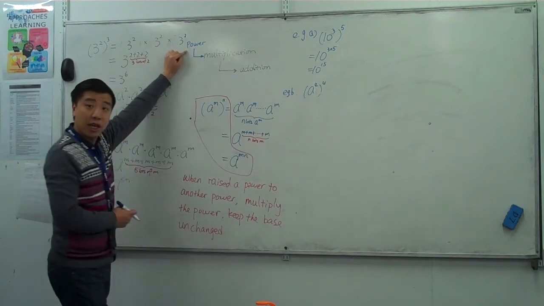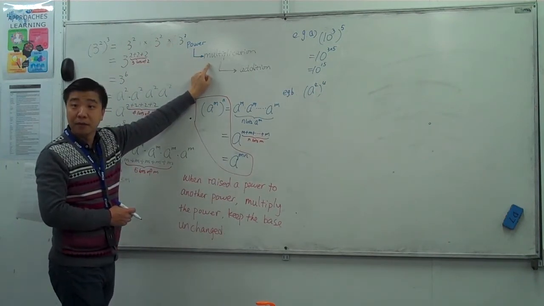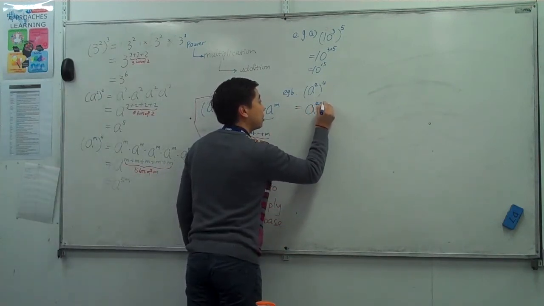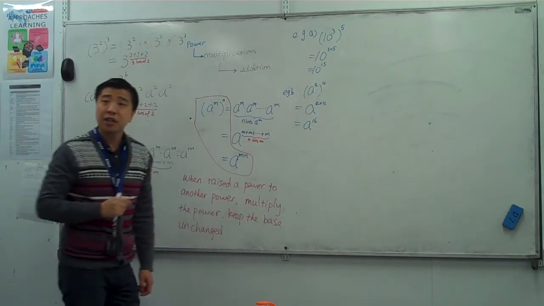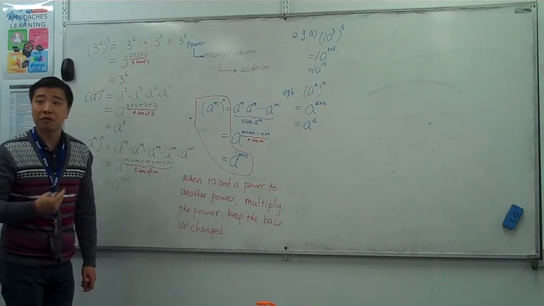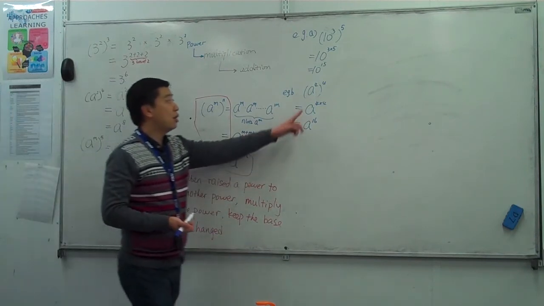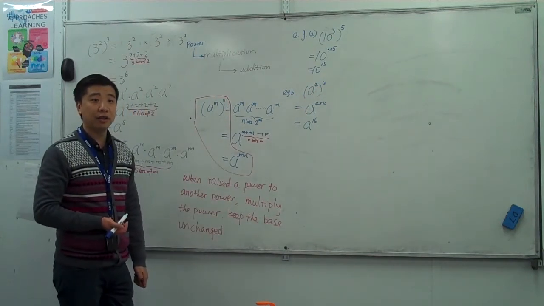So what do you do for the power? You multiply them. Good. So this is a to the power of 4 times 4 equals a to the power of 16. Firstly, you have to identify what kind of operation the calculation is. So for this question, this is raising the power calculation.